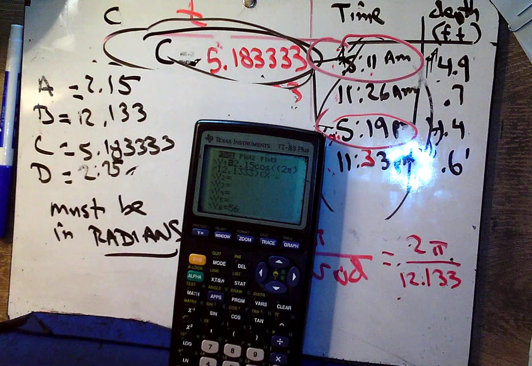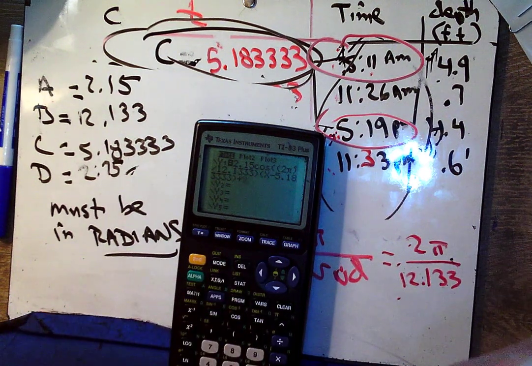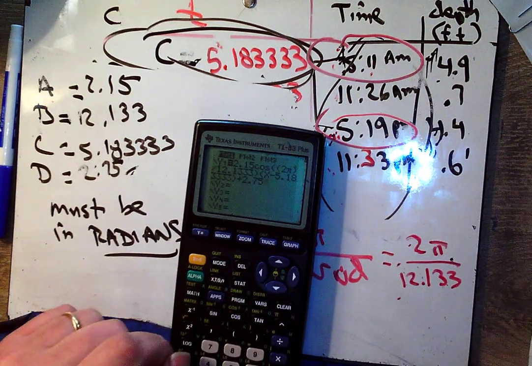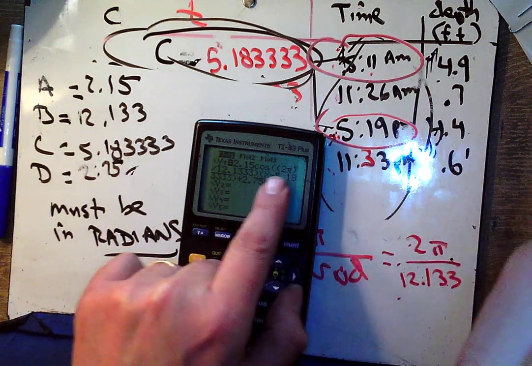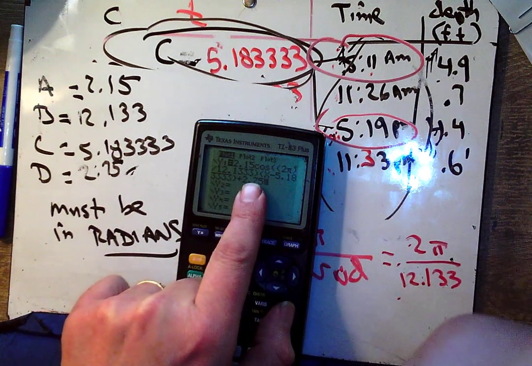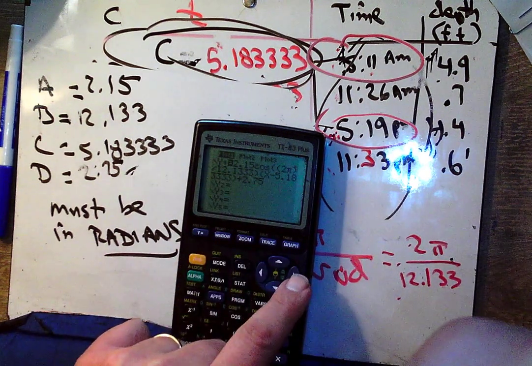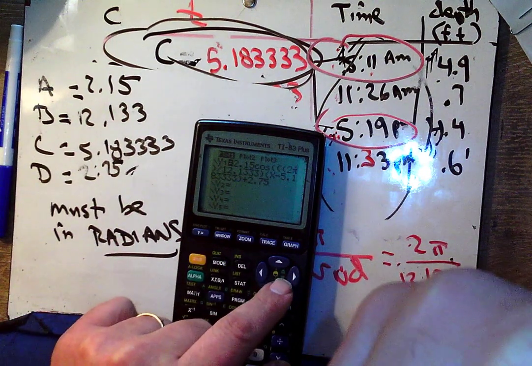x minus 5.18, close parentheses, plus 2.75. And I'm opening 2 pi divided by 12, and then we'll set parentheses here. Little parentheses closing.